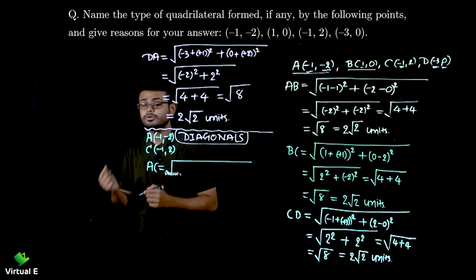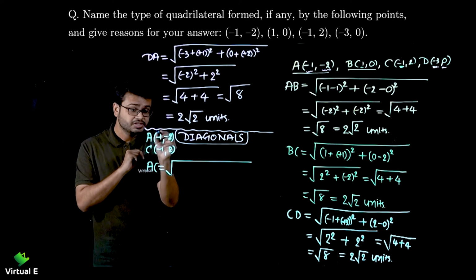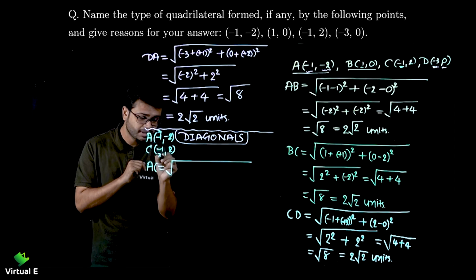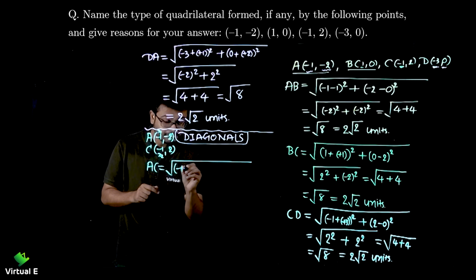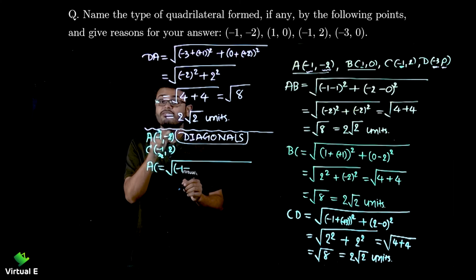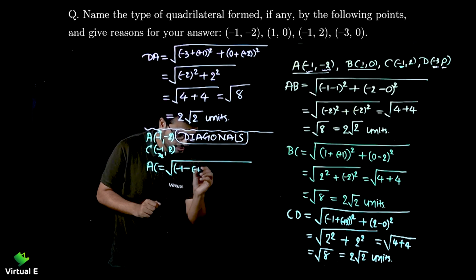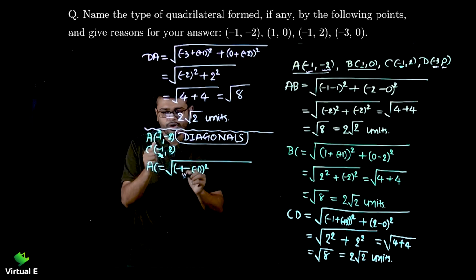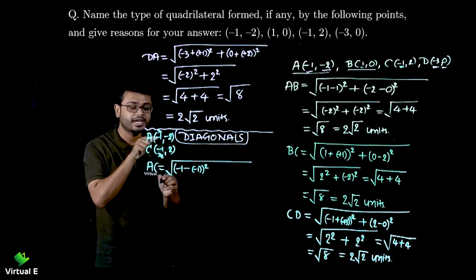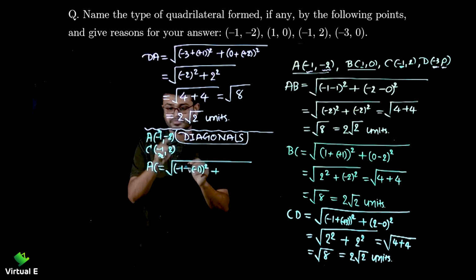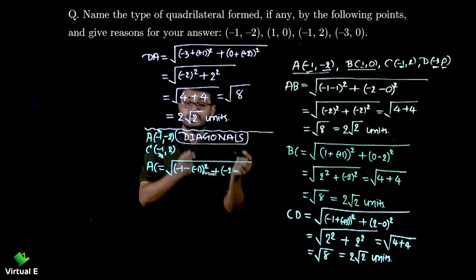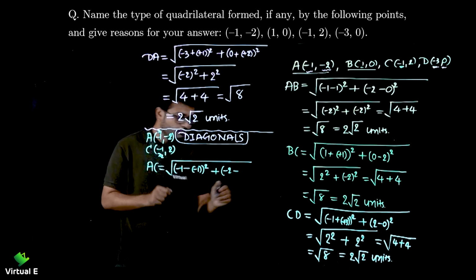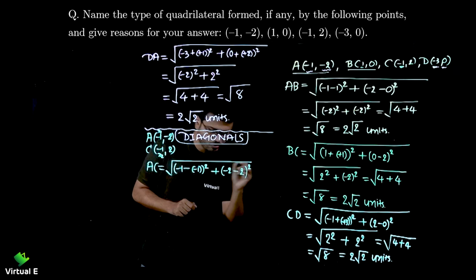Distance formula we are going to use. So this is my x1, this is my x2. So -1, okay, -1, then minus sign for the formula and one more -1 because the sign of the x coordinate of C is negative. Then plus, okay, y1 which is -2, minus sign because formula, then one more 2, so whole square.